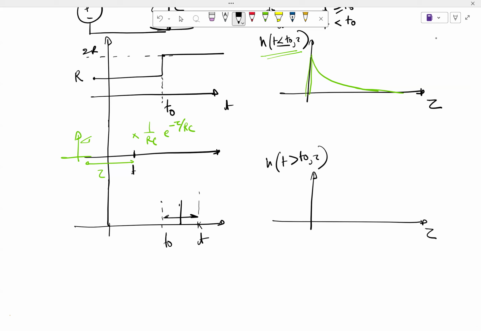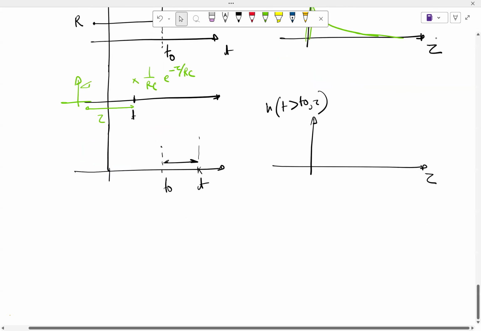If the impulse has been applied in this region, it is only going to see a time constant which is 2RC. Do you agree? Okay. But if the impulse has been applied here, it is going to see the time constant of RC for some time, and then 2RC for the rest of the time. Okay. Fine. So that's all right.